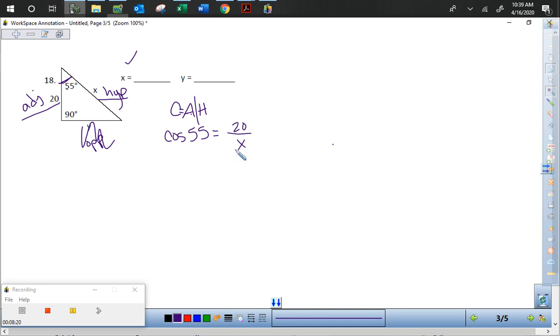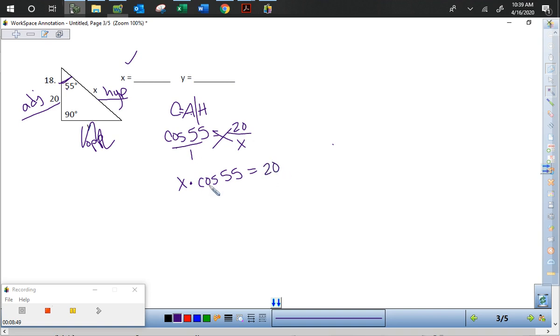A lot of times it's easier to cross multiply on these, okay? So if you put that first side over 1, we can just cross multiply to solve. So this says x times cosine 55. I'm always going to encourage you to write the x first. So x times cosine 55. And we'll just leave it like that for right now. And then equals 1 times 20 is 20.